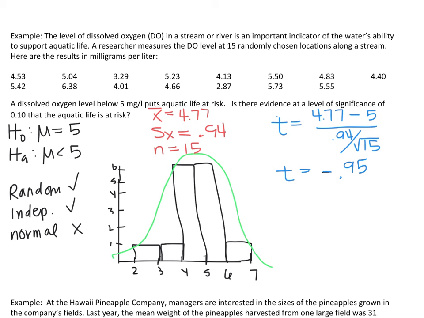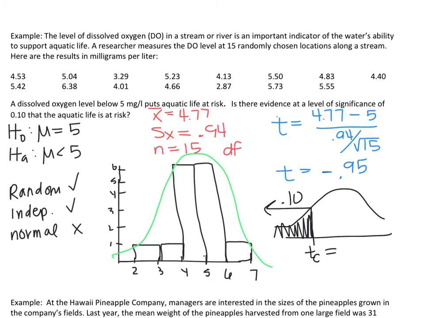So now we're going to draw our normal curve. Okay. And we need to calculate our t critical value. So we're talking about falling below, and our alpha is 0.10. So to figure out our t critical value, we need to know our degrees of freedom. So 15 minus 1 gives us a degree of freedom of 14.